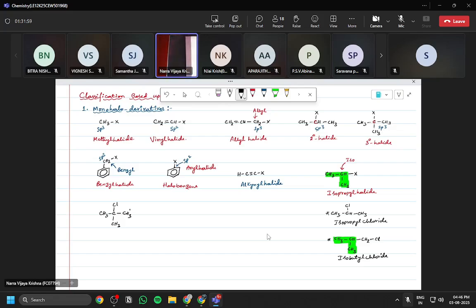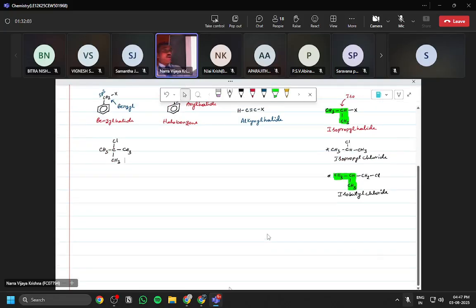I am changing from here to here. Don't call it iso now. Reason: from the last, the second carbon is not having only CH3, it is having another CH3 also. Right? Then it is tertiary, a carbon connected to 3 carbons. So this is tertiary butyl chloride. Understood?